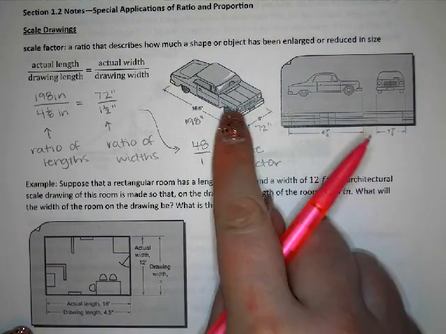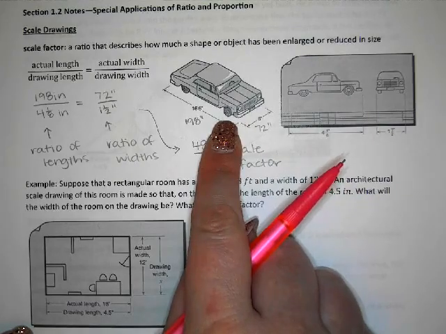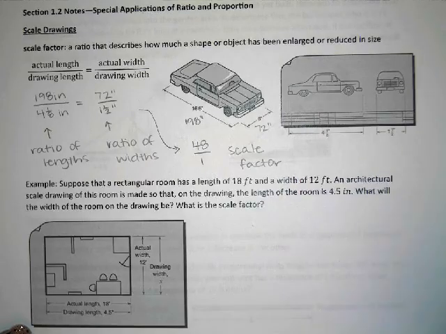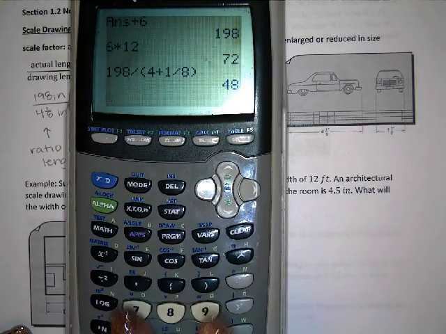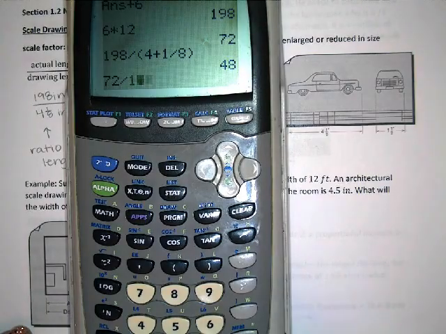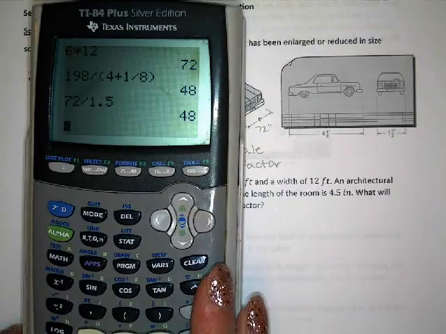So it means that the car itself is 48 times bigger, or it's enlarged by 48 times in comparison to the drawing. I can also verify this with 72 divided by 1 1/2, or 1.5, and I can see that that's also 48.